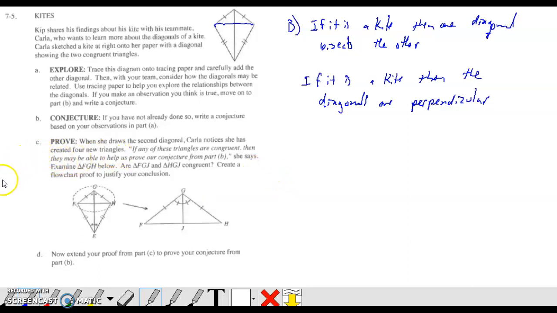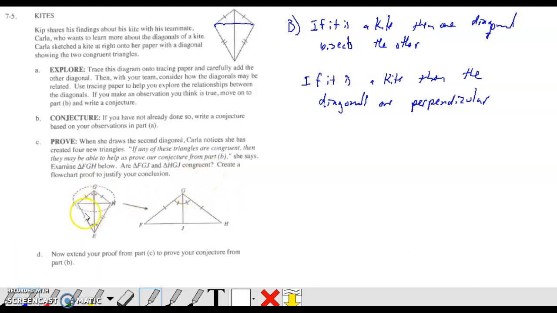So let's read to see what Carla did. Carla says, when she draws a second diagonal, Carla noticed she has created 4 new triangles. So 1, 2, 3, 4. If any of these triangles are congruent, that may be able to help us prove our conjecture from part B, she says. So we want to examine the triangle below.